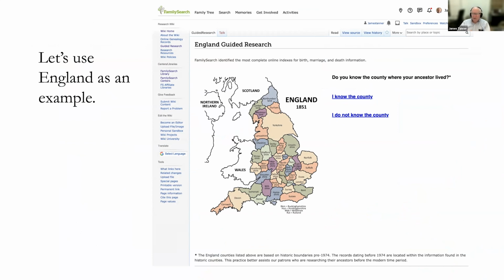So they're starting where you really should start as far as research is concerned, determining whether or not you know an exact place where an event in your ancestors' lives occurred. This starts you at the county level because that's where the records are primarily from in England, back in 1851.